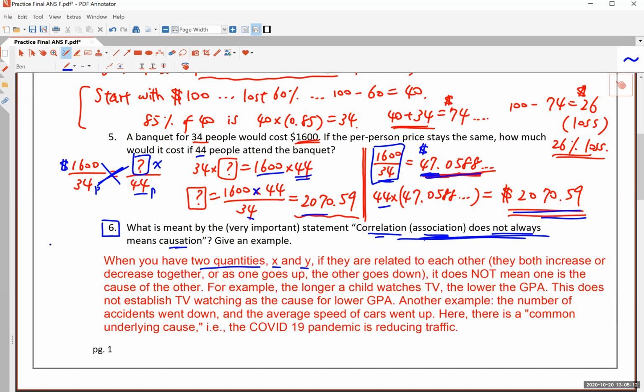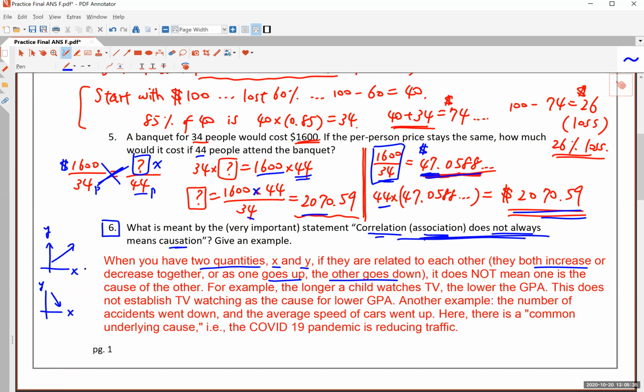Okay, so the picture is, if x and y are two quantities that are related to each other, either they both increase together, like when x increases, so does y, or as one goes up, the other goes down. So as x increases, y may go down. Okay, so that's another type of correlation.